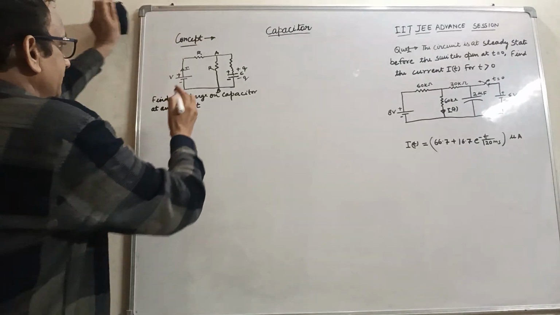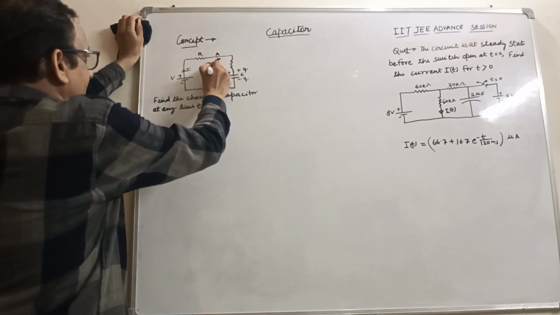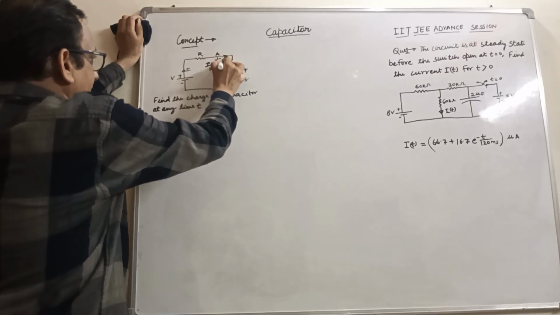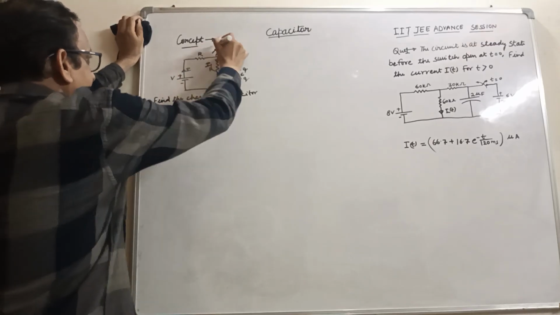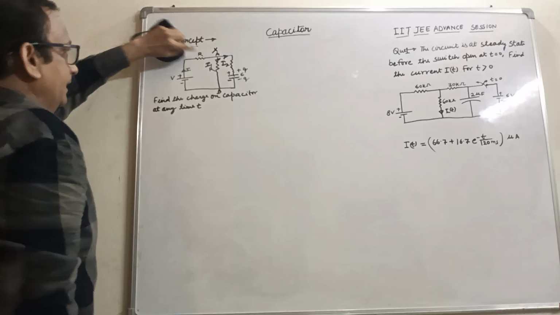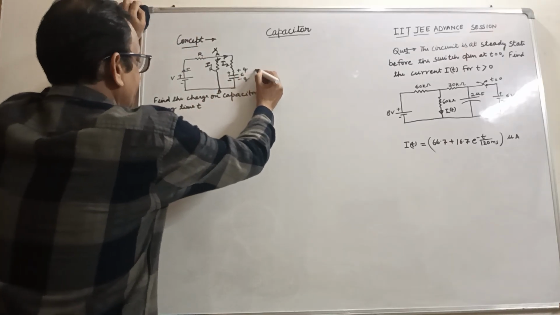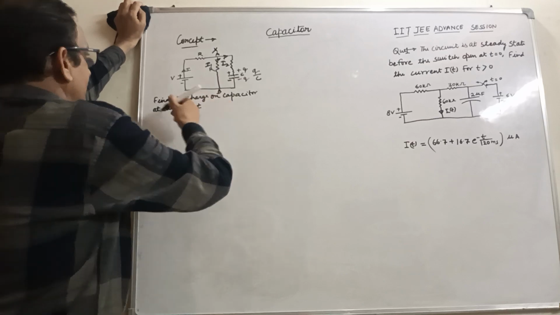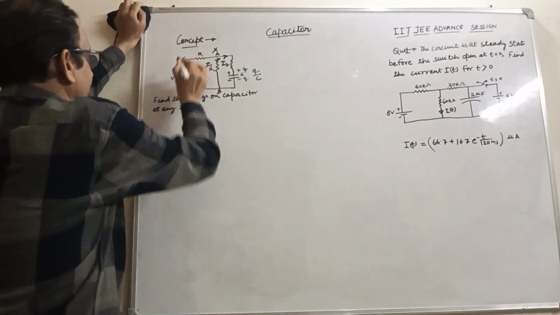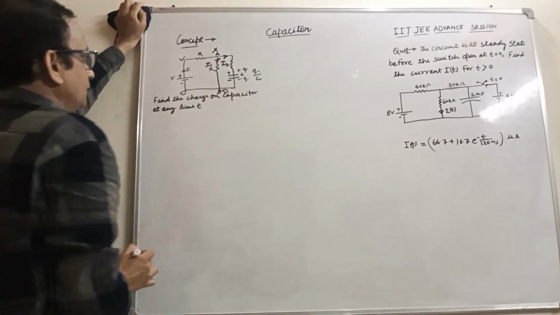So suppose here current I is flowing and this current is distributed as I1 and I2, and we can write here, suppose at that instant the potential at point A is x, and on the capacitor the potential will be q by c, and here the potential is V, here the potential is 0, here also 0.